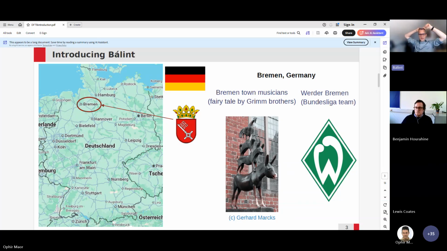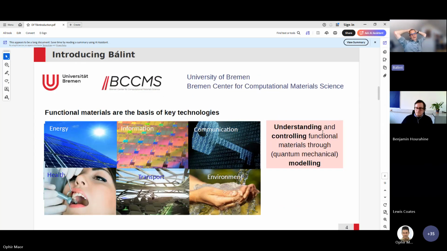Okay, next slide, please. Then, as already said, my background is similar to Ben's, so basically making atomistic quantum mechanical simulations. I'm working at the University of Bremen and in the Bremen Center for Computational Material Science. And basically our goal is to investigate functional materials via modeling.